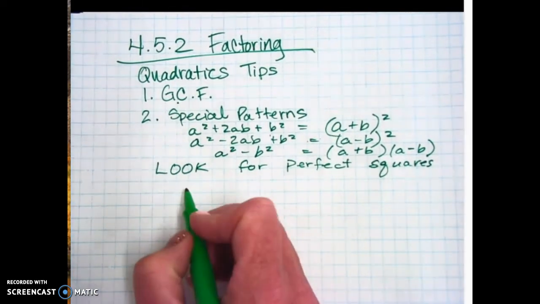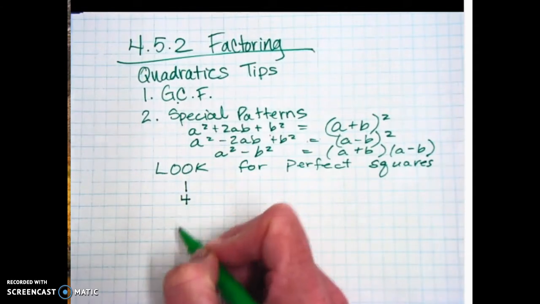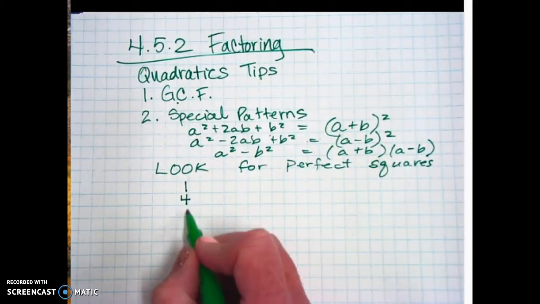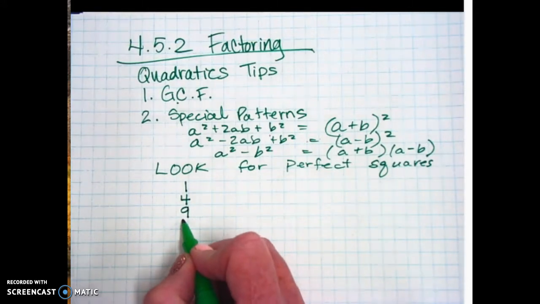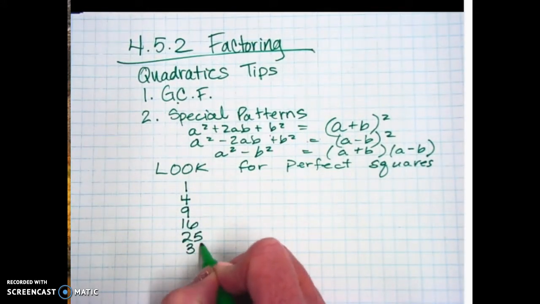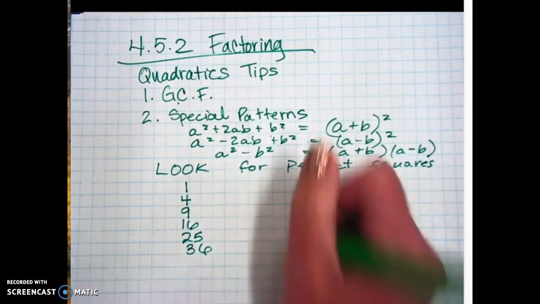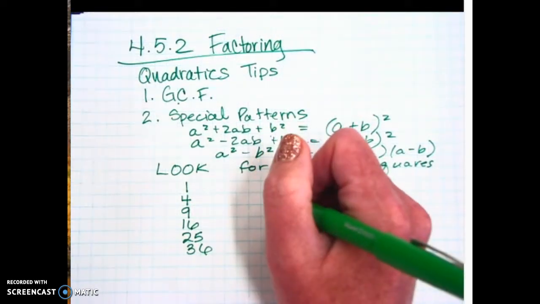Like 1 squared is 1, 2 squared is 4, 3 squared is 9, 4 squared is 16. You should be able to go all the way up to 100, not even having to think about it, right?